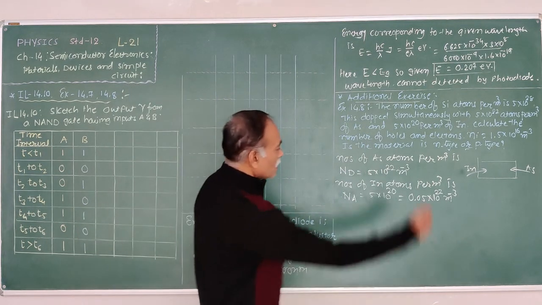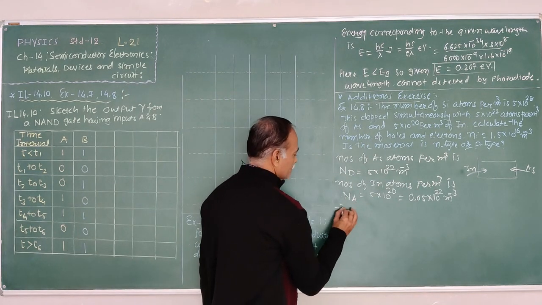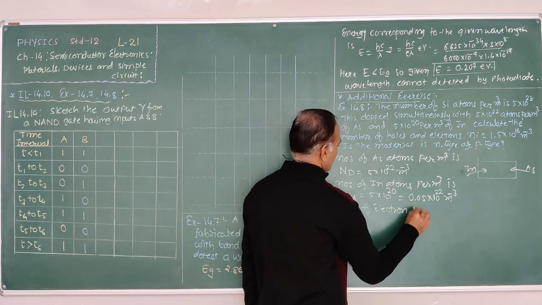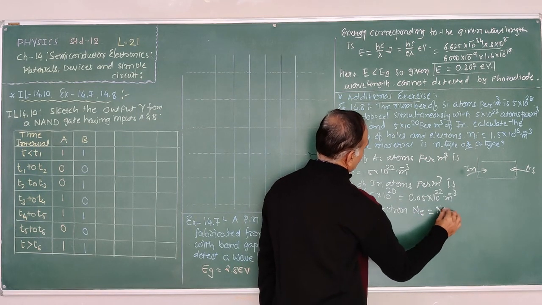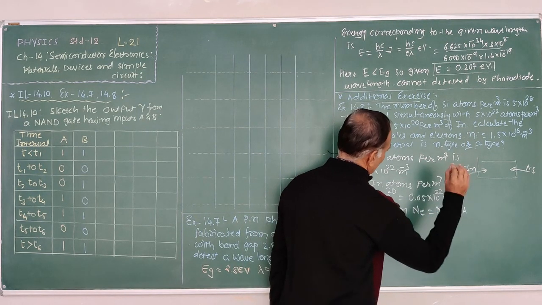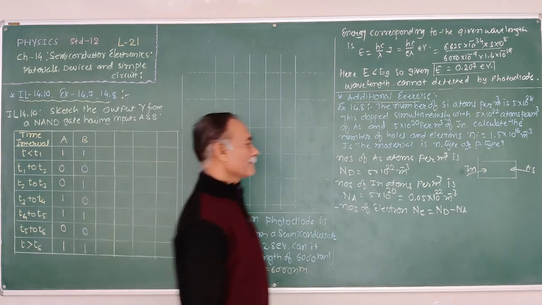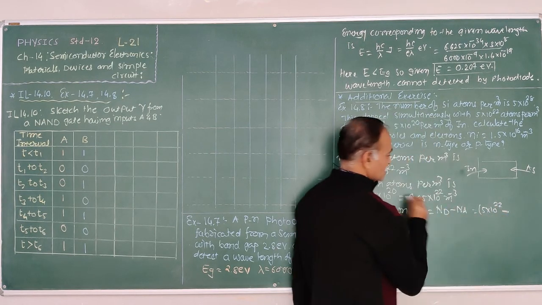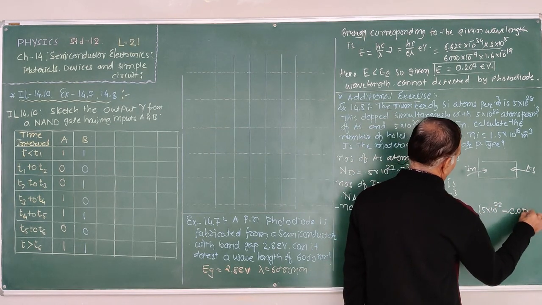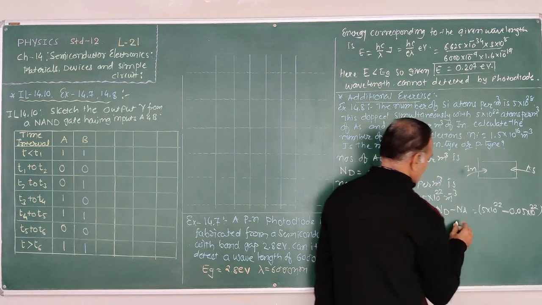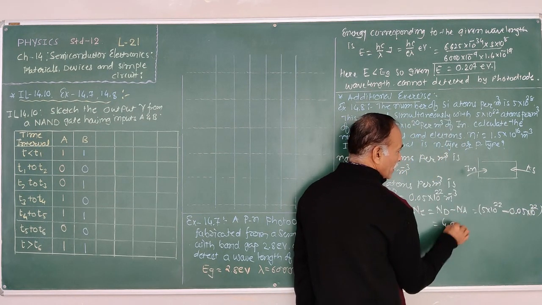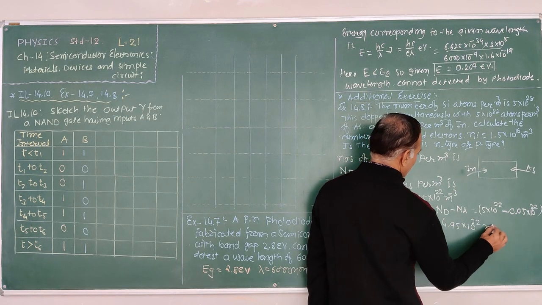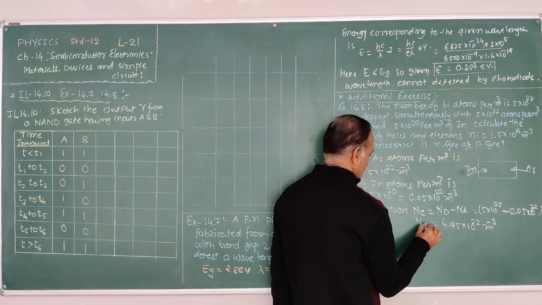For that purpose, the number of electrons Ne is equal to Nd minus Na. Nd is 5 into 10 raised to 22 minus Na, 0.05 into 10 raised to 22. 10 raised to 22 is common, therefore 4.95 into 10 raised to 22 per meter cube. That is the number of electrons.